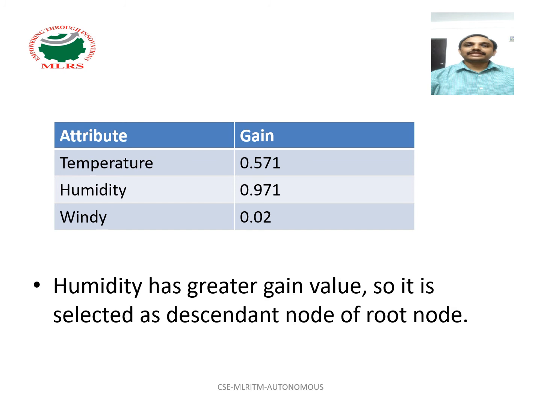In this scenario, humidity has the greater value, which is 0.971. So humidity is selected as a descendant of the root node in the case of outlook value as sunny.